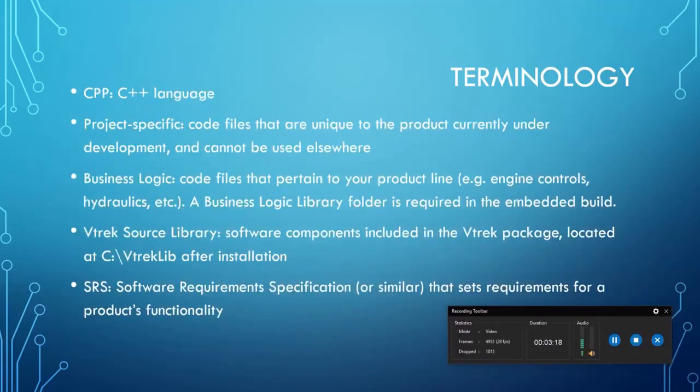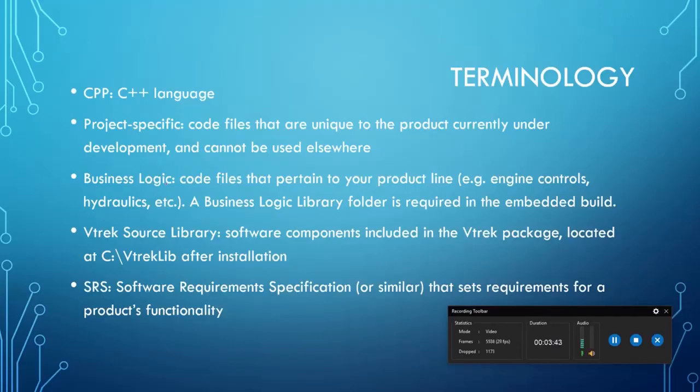Okay, you're going to hear us refer to CPP, which is actually the C++ language in these modules. Project specific, when you hear that term, those are code files that are unique to the product that you're currently developing. They can't be reused anywhere else, and they don't need to follow the design patterns for reusable code.